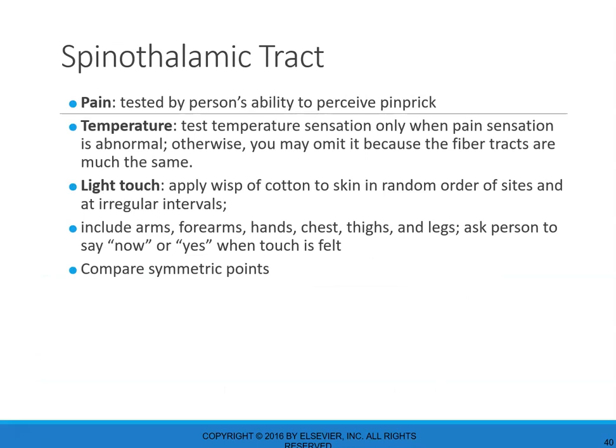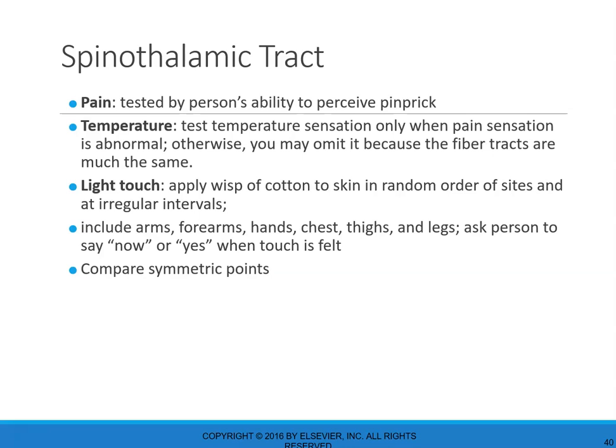For the spinothalamic tract, we're going to assess pain, and it's tested simply by using a sharp point and touching them with it with their eyes closed. You want to test it bilaterally. You're also going to test light touch.